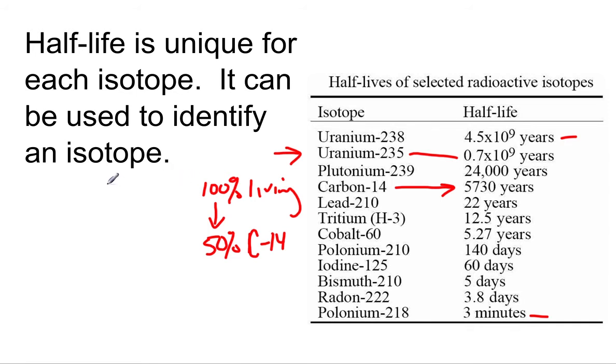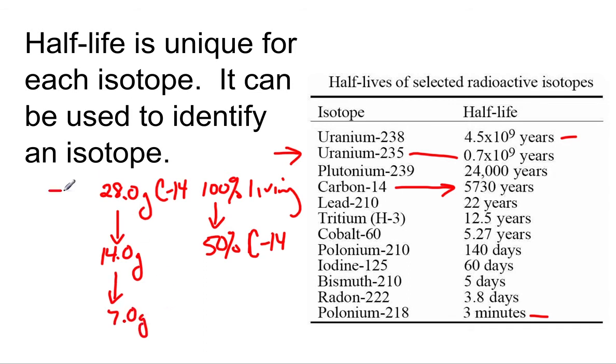So if we have numbers, let's say it had 28 grams of carbon-14, and then after 5,730 years after it's died, now we're going to be down to 14 grams of carbon. That's kind of high, but you can still imagine the numbers would work this way. Even if we have 28 milligrams, it would be down to 14 milligrams. And then after another 5,730 years goes by, now 14 is down to 7 grams.